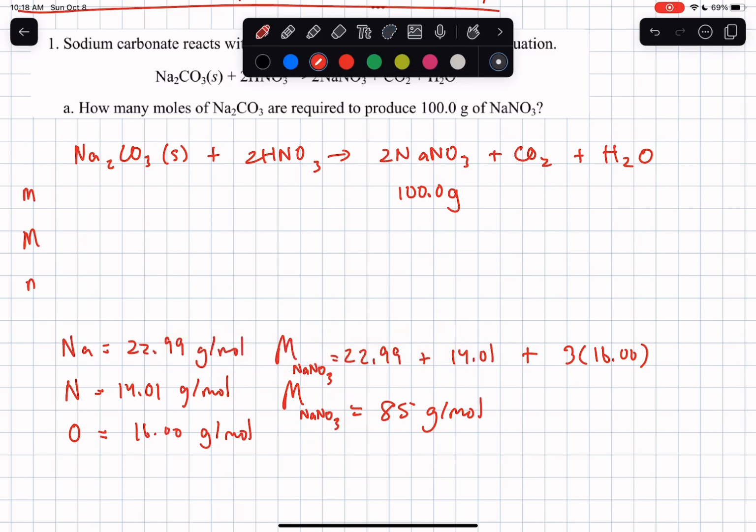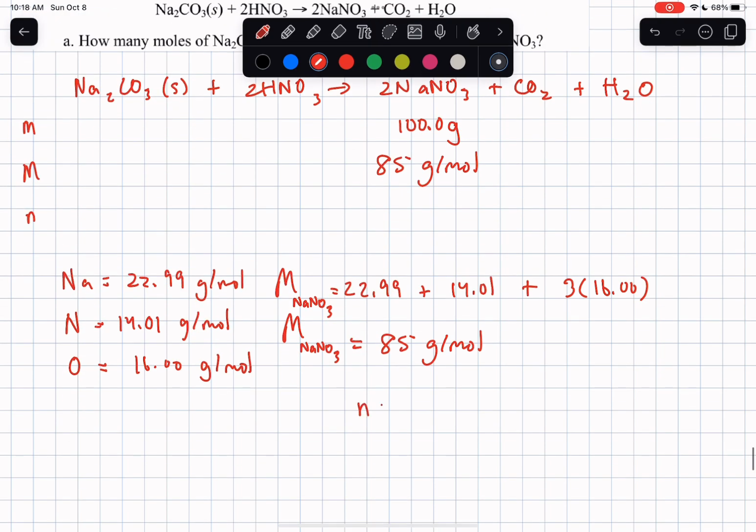Now that you have this value, you can plug it into here, right? Now you can find the moles by using the equation n equals m divided by M, where n is the moles, m is the mass, and M is the molar mass. Keep in mind that the molar mass has an uppercase M and the mass has a lowercase m.